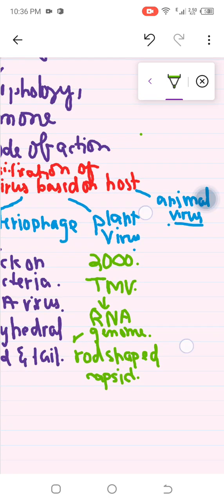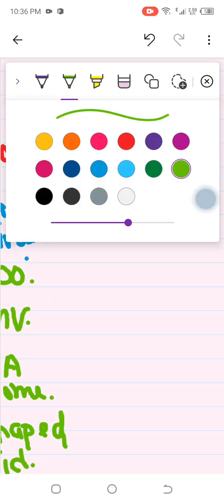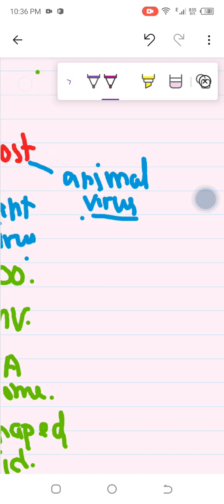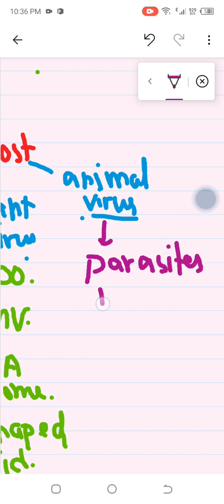Now the animal virus. Animal viruses occur like parasites in animals.